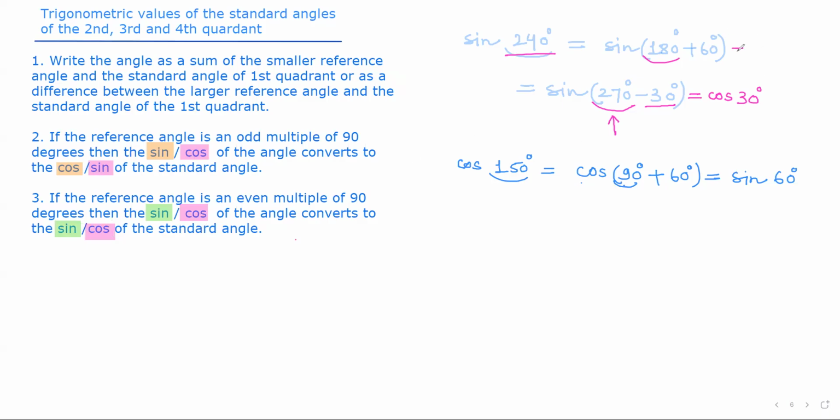In this case, this is an even multiple, 180 degrees. So sine remains sine of the standard angle. In this case, I can write it as cos of 180 degrees minus 30 degrees, and this is an even multiple, so cos remains cos of the standard angle.